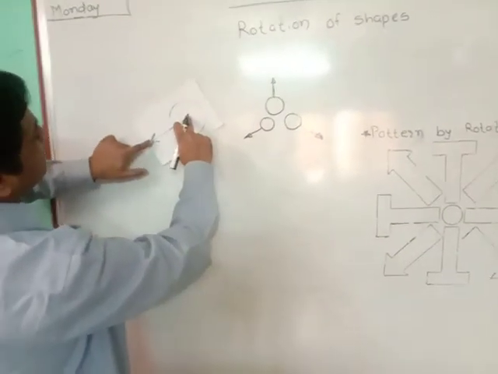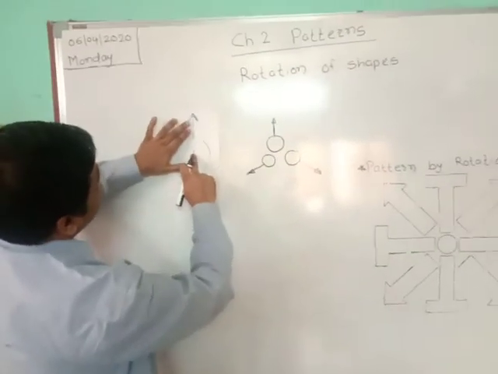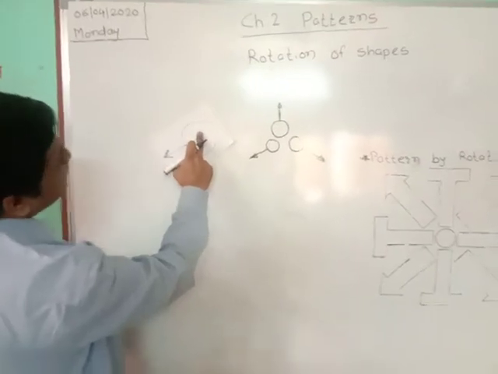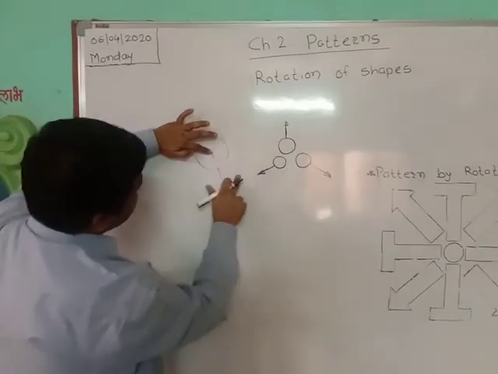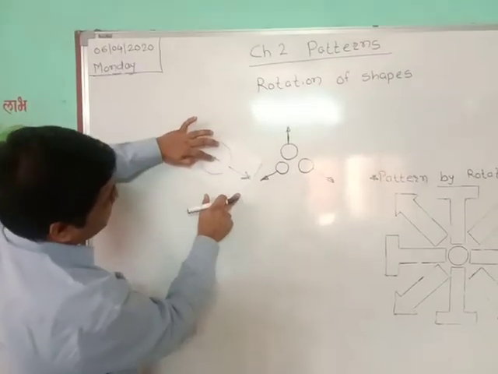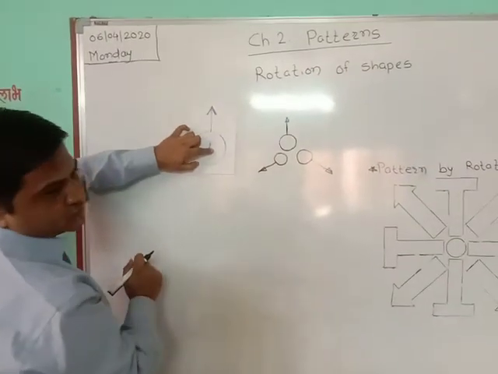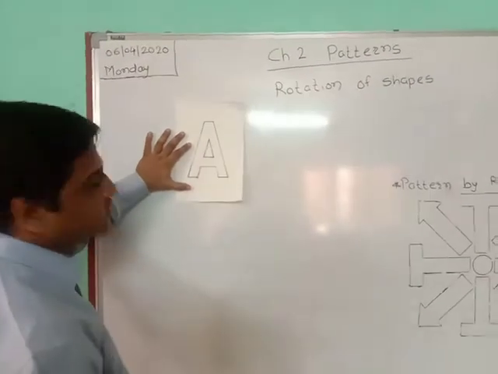Again, 1/3 of a rotation in the clockwise direction will be this. If I say to rotate in the anti-clockwise direction, the first 1/3 turn will take it to 8 o'clock, the second 1/3 turn will take it to 4 o'clock, and the third 1/3 turn will bring it back to the original position.